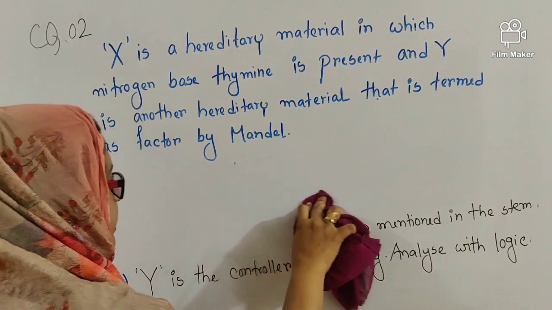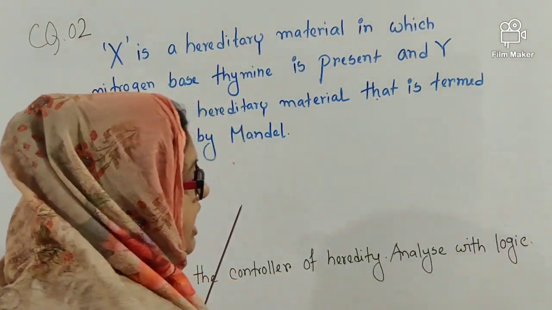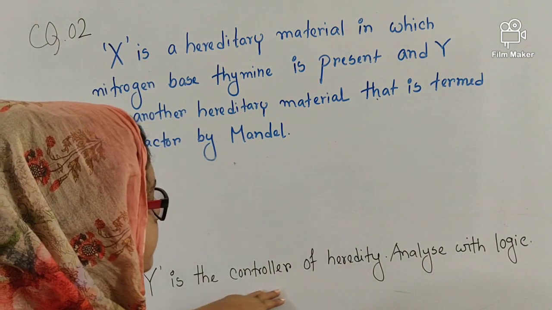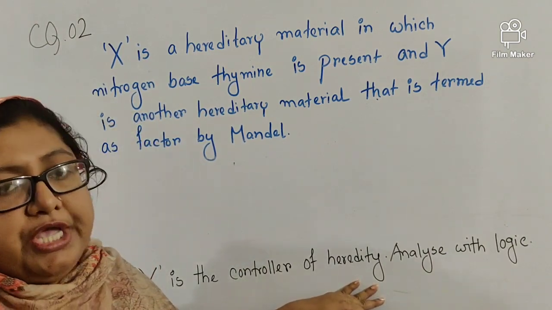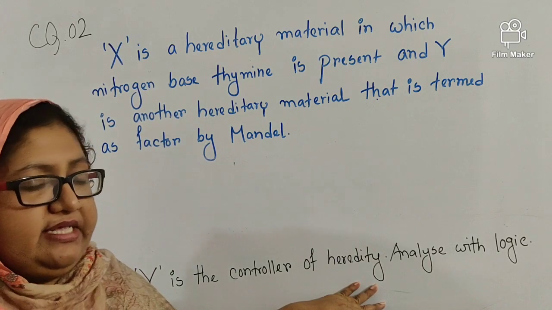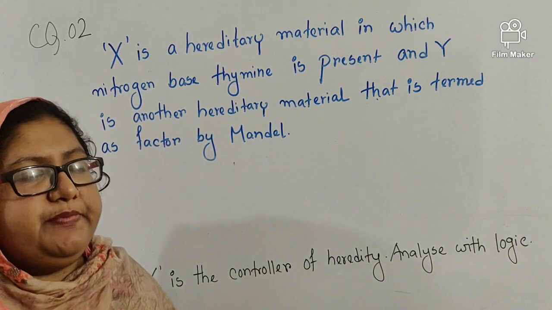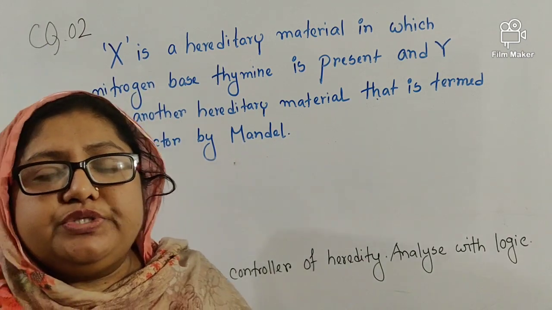It is at present known as gene. So, how is gene the controller of heredity? You have to explain this answer with your logic. You will first explain that you know there are two types of gene.